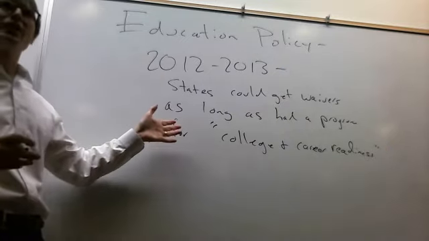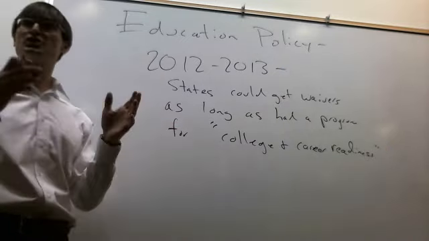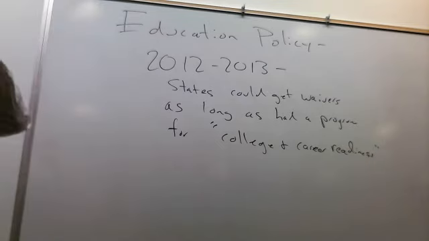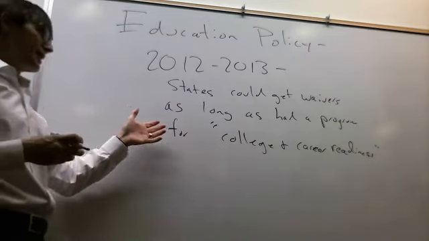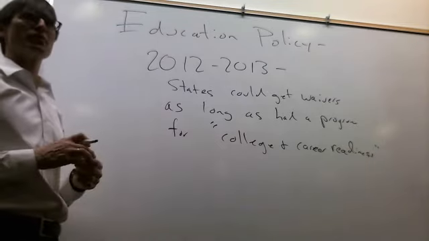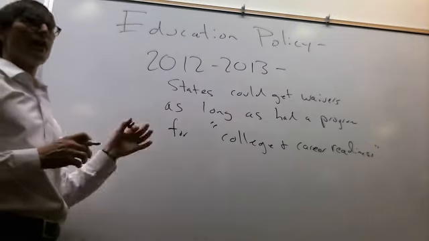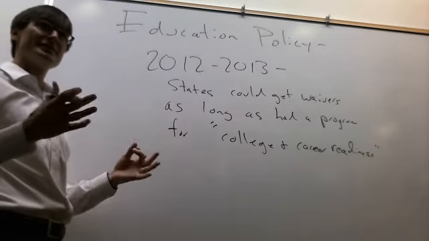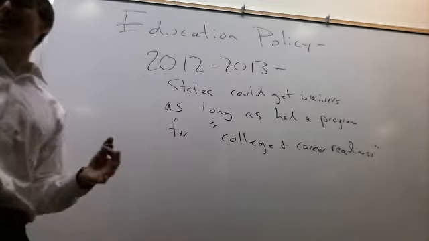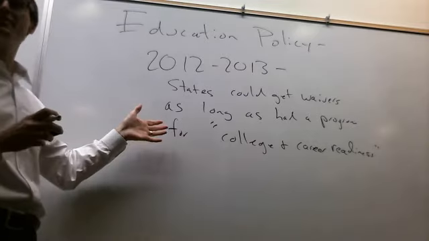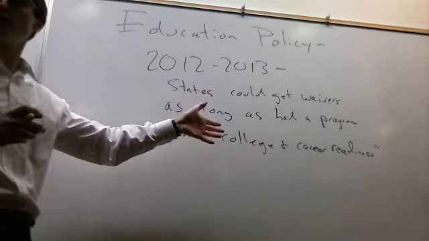And so they could develop their own system to show that they were preparing kids to be ready to go out there and either go to college or be able to start a career. Now, the feds said, look, here's some guidelines that we think you would need to meet to be able to show college and career readiness.